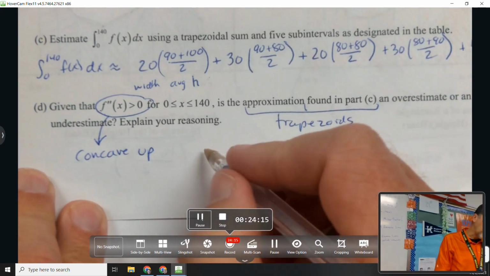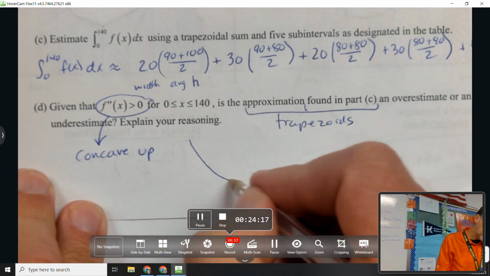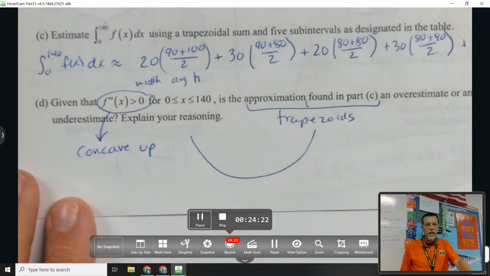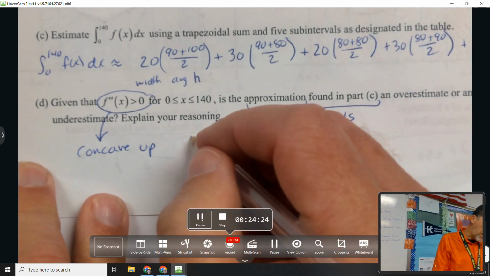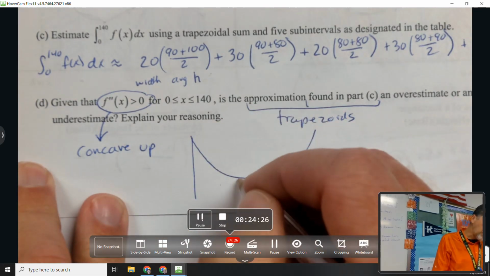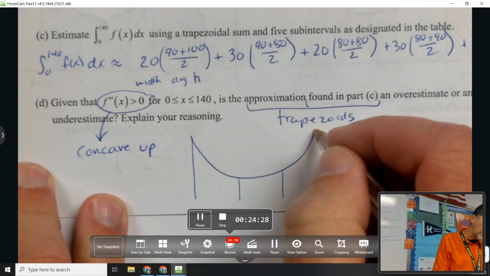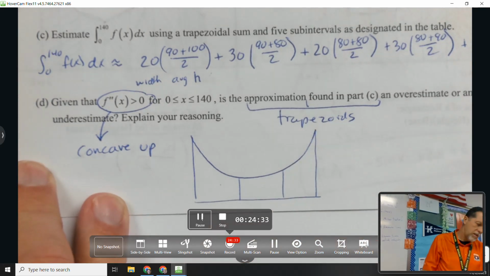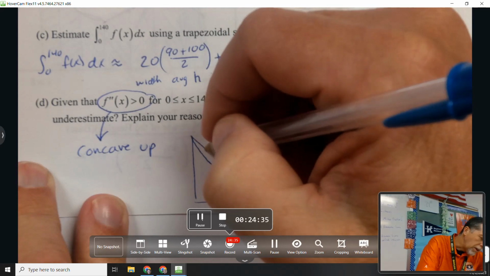Okay, well, let's draw something that's concave up. And then let's think about what it would look like to put trapezoids on there. And it's best to spread them way out if you really want to see if it's an overestimate or an underestimate. So my trapezoids.